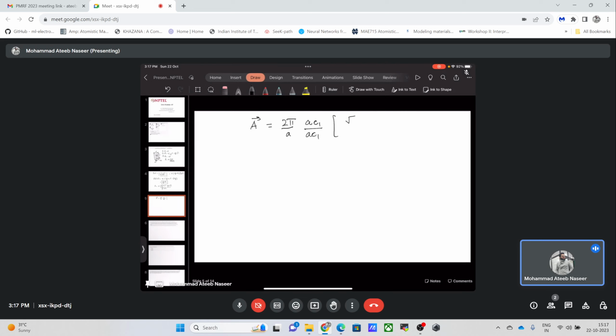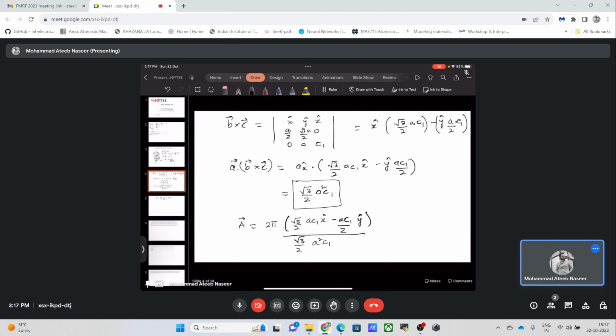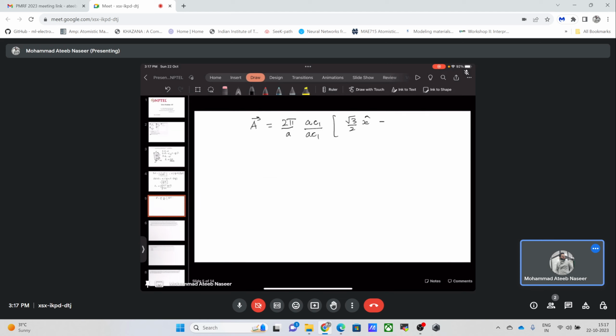So it is root 3 by 2 x hat minus 1 by 2 y hat divided by root 3 by 2, and the reciprocal vector a will simply be x hat minus y hat by root 3.